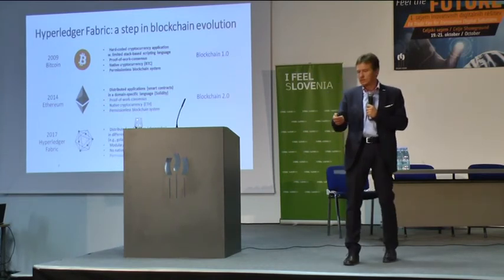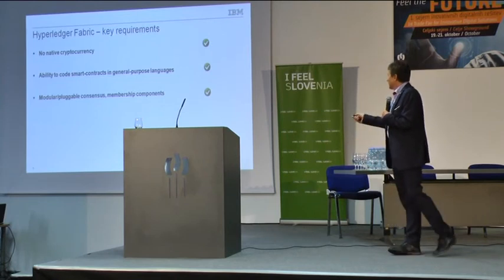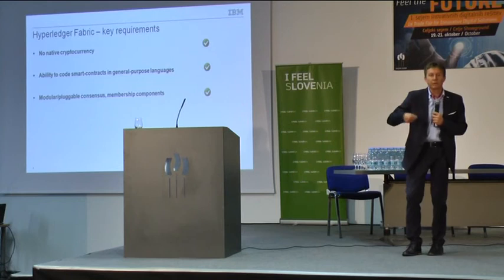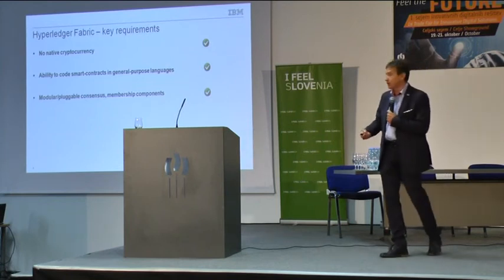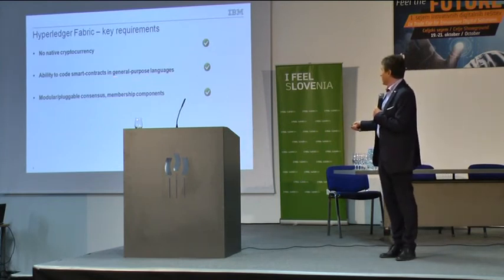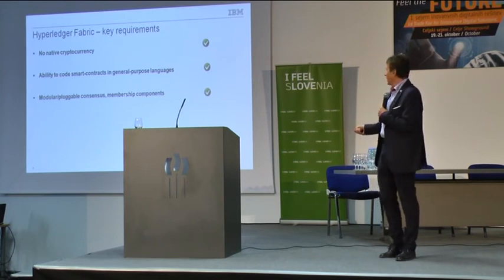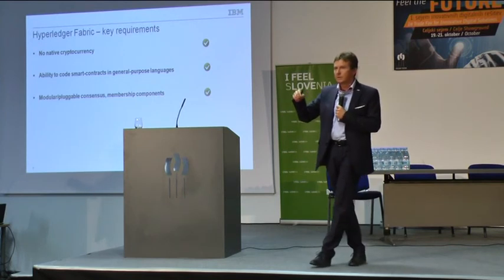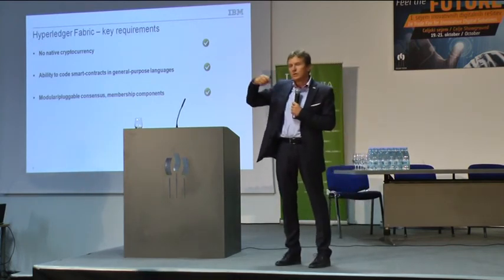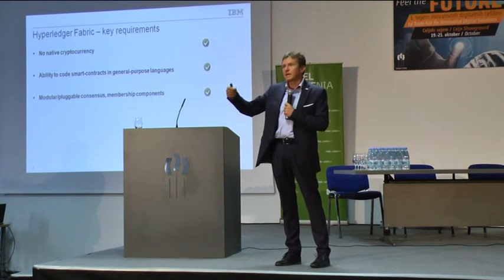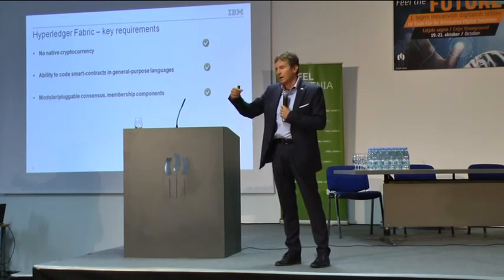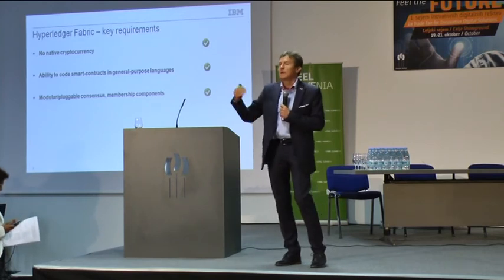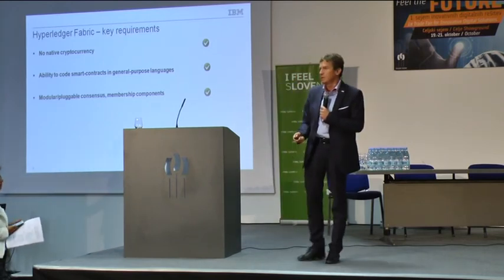In private networks, you don't need that. So there is no native cryptocurrency, although of course you can program one and it will run as an application. You have the ability to code in general purpose languages, and you can build in consensus. This is really important: business transactions can only be applied if you have consensus. The bank will loan you money if you have consensus and if it's within the terms and conditions.